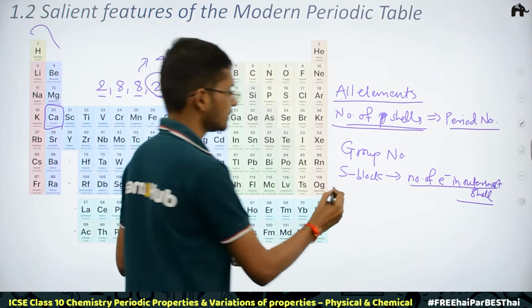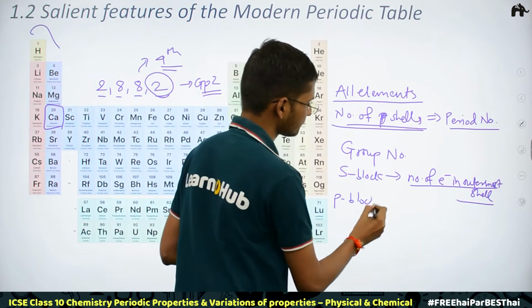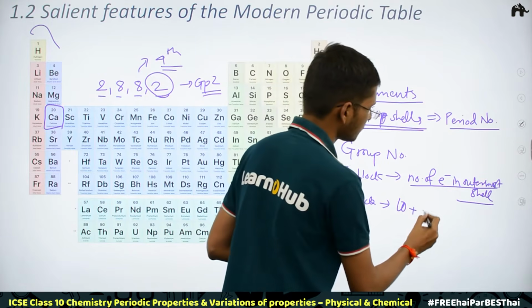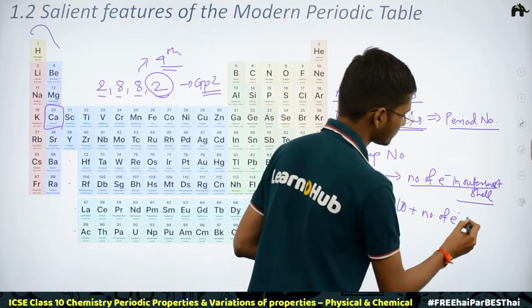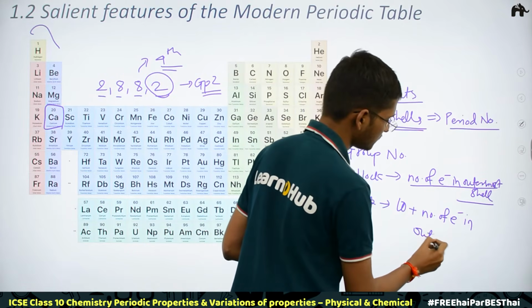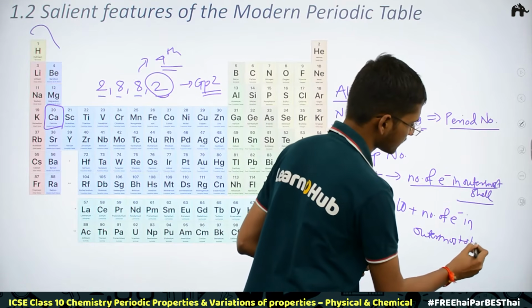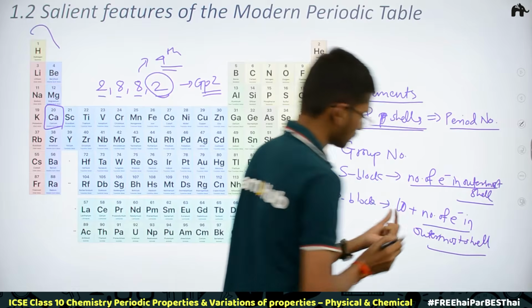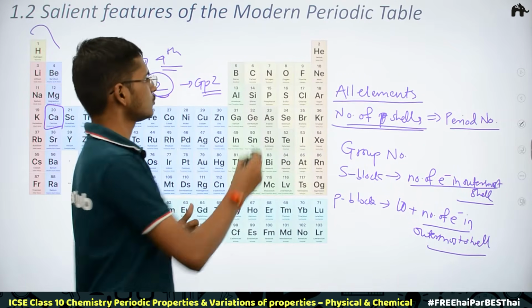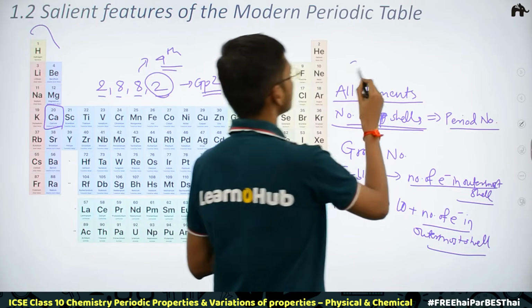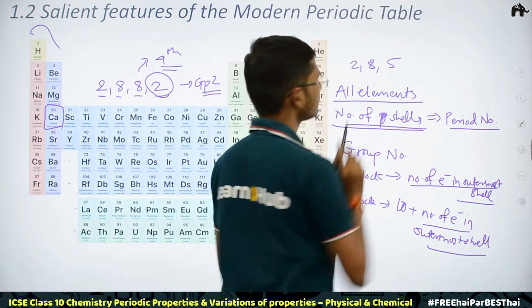Now for P block elements, it's very easy. You have to just add 10 to the number of electrons present in the outermost shell. So first you have to see the number of electrons present in the outermost shell and then just add 10 to it. For example, if I took phosphorus, I know its electronic configuration is 2, 8, 5.